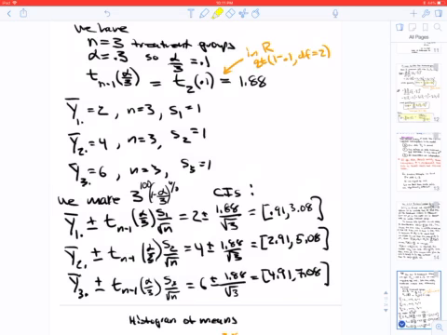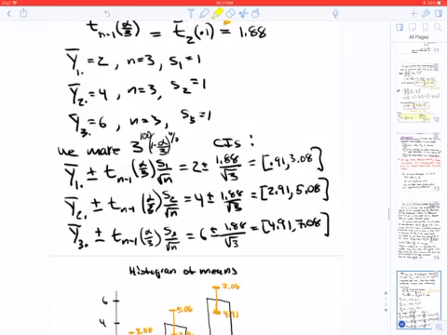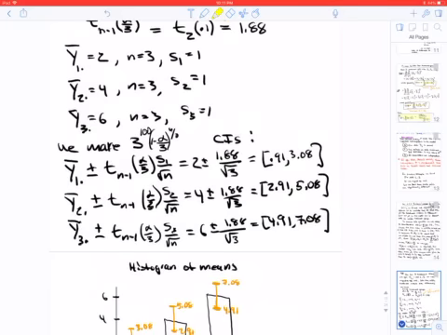So then to write down our 90% CIs, we're going to have the sample mean, which for the first one is 2, plus or minus 1.88 divided by root 3.